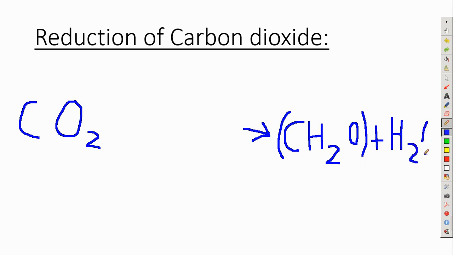So again, we know this from the Ruben and Kamen experiment. We know that the oxygen in the carbon dioxide ends up in the glucose and water. So again, you might say, wait a minute, there are things missing, and you would be absolutely right to say so. Again, we're going to be missing protons and electrons.